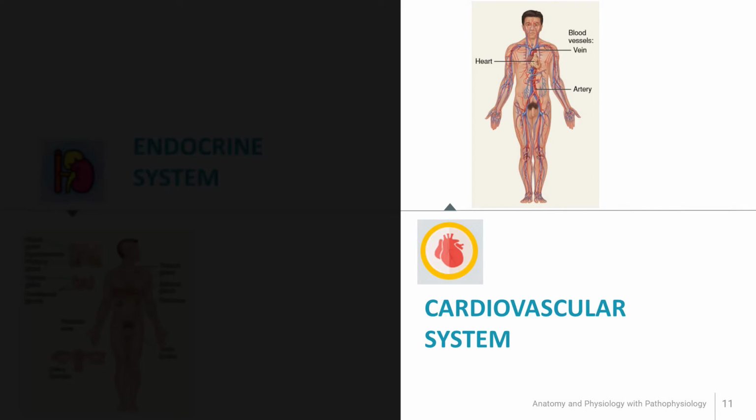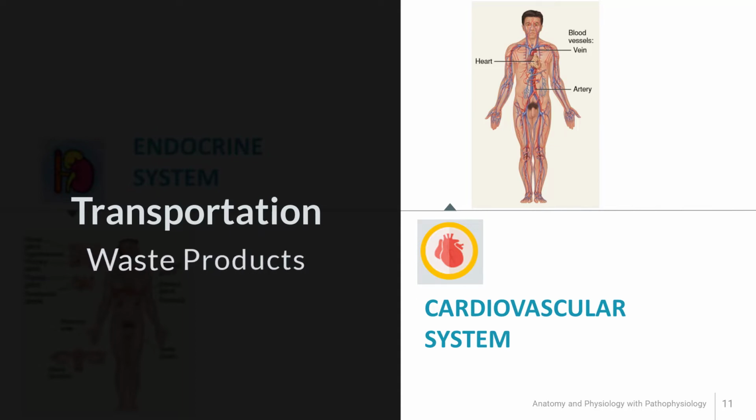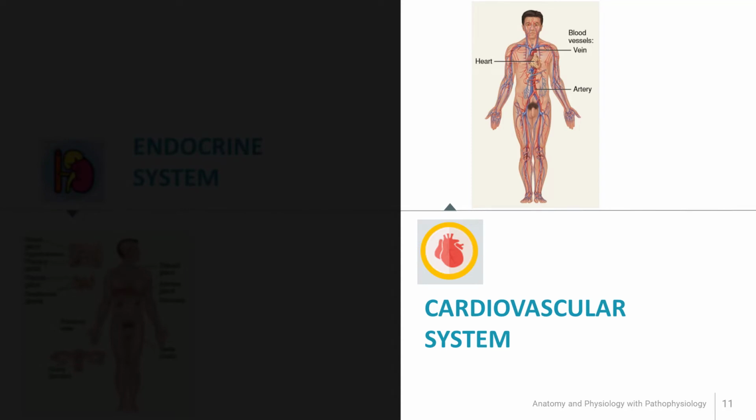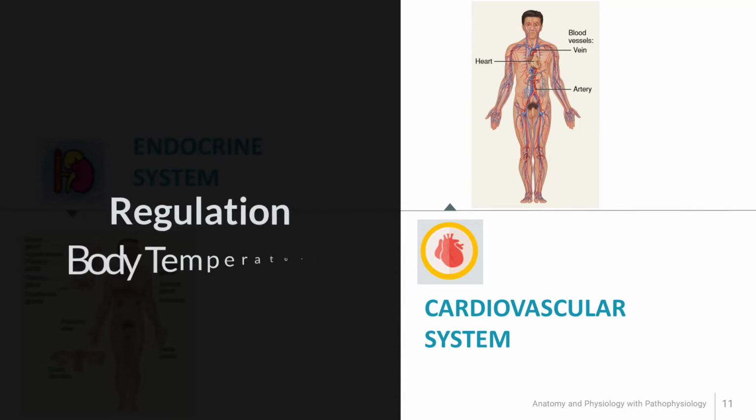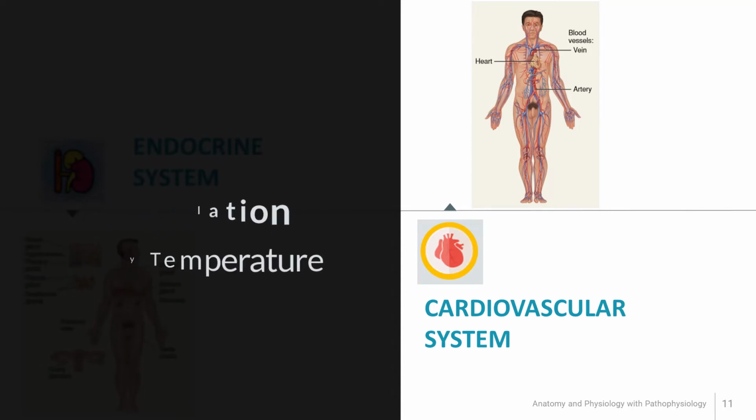The cardiovascular system is composed of the heart, the blood vessels, and the blood. The functions of the cardiovascular system can be divided primarily into transportation, regulation, and protection. It distributes blood cells, water, and dissolved materials including nutrients, waste products, oxygen, and carbon dioxide. It also distributes heat and assists in control of body temperature.